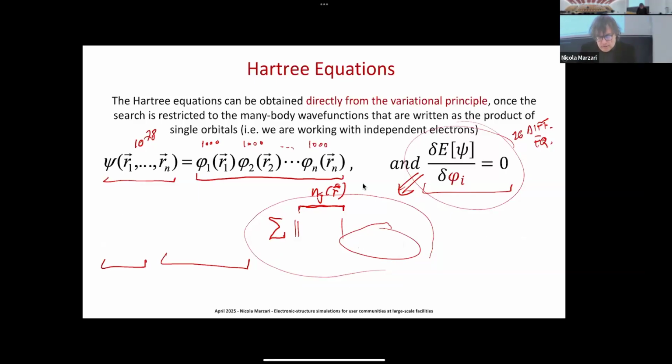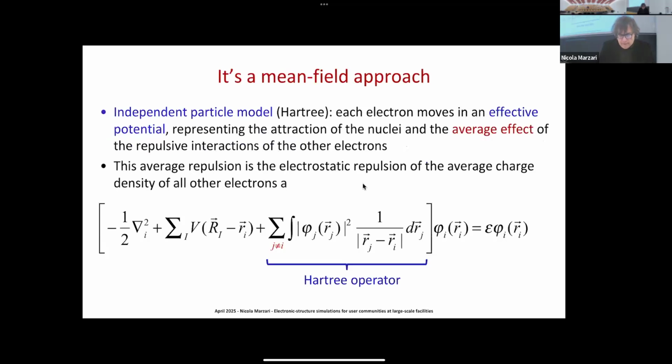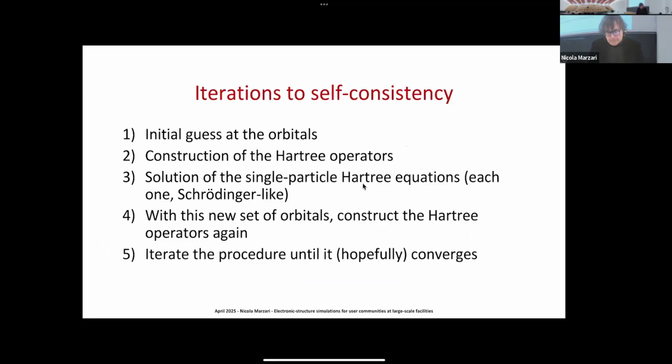And this is what Hartree did. As I said, what we have is, instead of one super complete equation, we have 26 much simpler equations. They need to be solved self-consistently. And we call it an independent particle model because really, each of you just feels the average of the others.